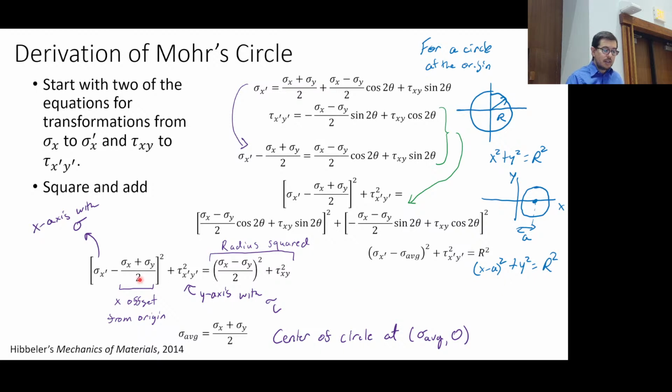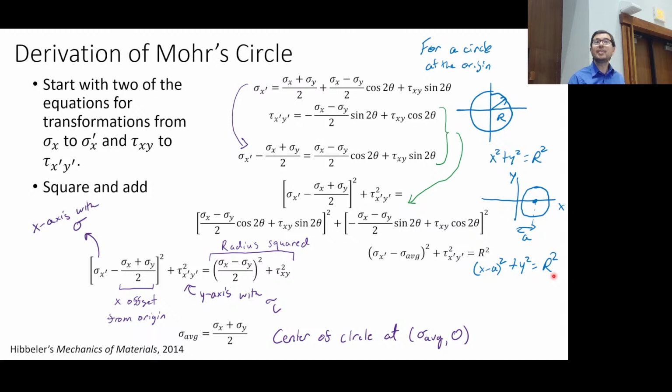Sigma x prime is the x, and tau x prime y prime is the y. And this quantity, sigma x minus sigma y over 2, squared, plus tau xy squared, is the r.